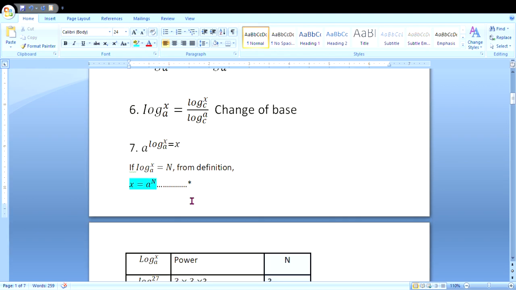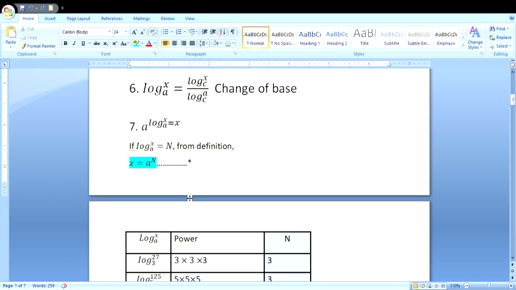Now what we're going to look at here: I said from definition that the logarithm of a number is the power to which the base must be raised to give that given number. Now let's have this. If log x to base a is equal to n, from our definition it simply means that x is equal to a raised to the power of n.